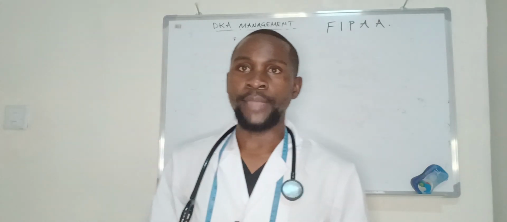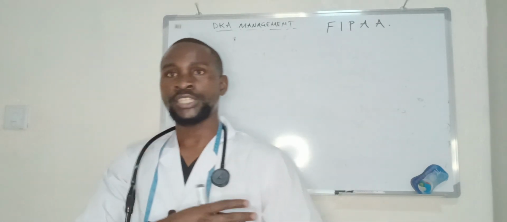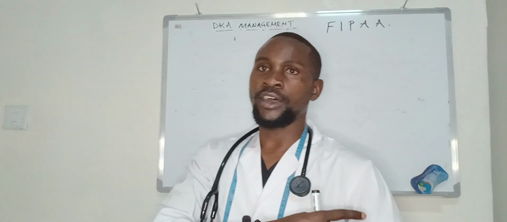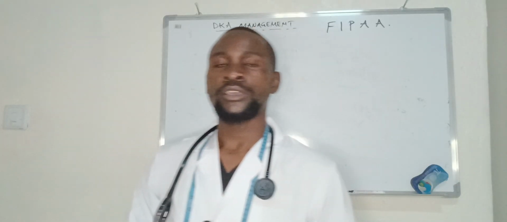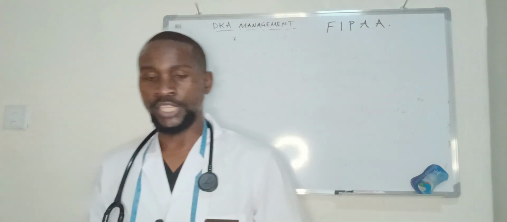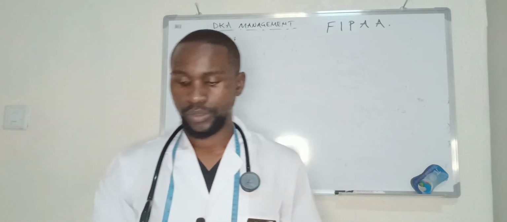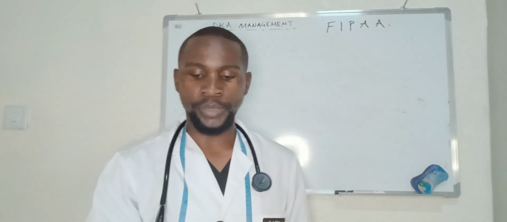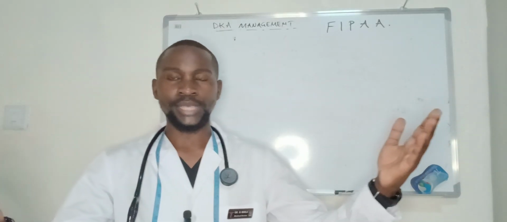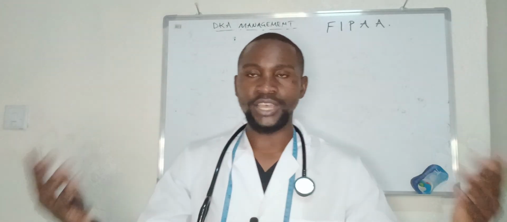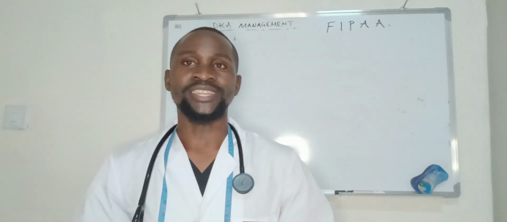There's what you call lipodystrophy, or there can even be an infection there. There can be ulceration. So you need to be changing the injection sites. You need to give this information to the patient. So this is how you manage diabetes in pediatrics. This is how you manage DKA in pediatrics.